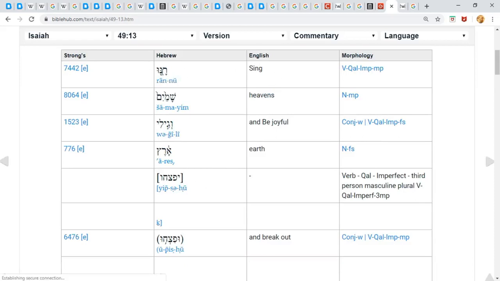The rain, R-N-U, renew, first new, to begin again, a new year, renew, the same form, S-M-I-M, renew the heavens, renew the shame, the shamim, wiggle, W-G-I-L-I, the wiggle make.